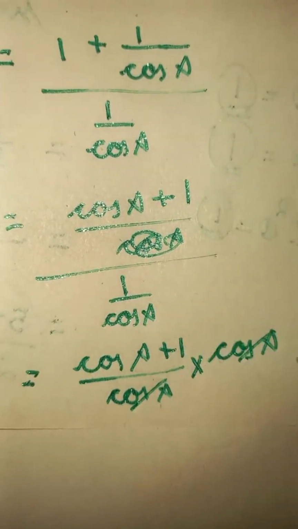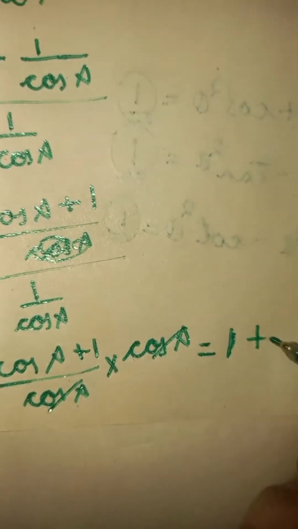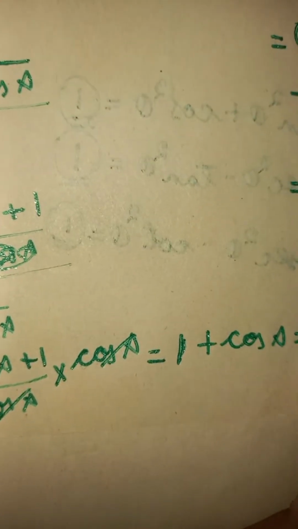Here cos A cancels out. This is also 1 plus cos A, which is LHS.